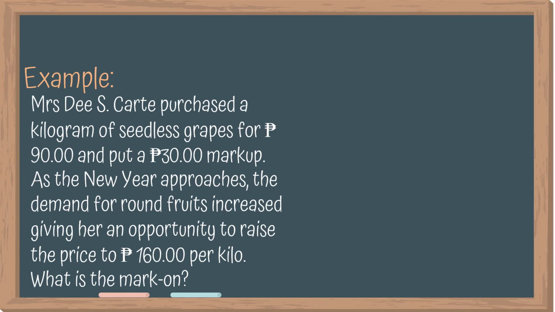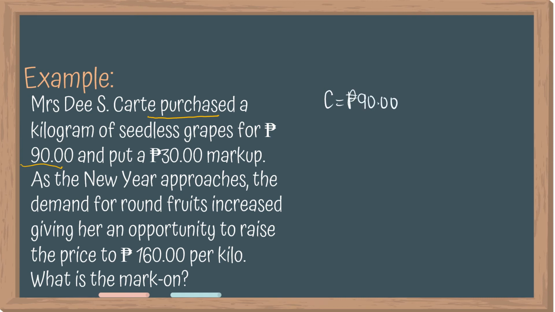So again, to solve for this problem, we're going to first identify the given values as well as what is asked in the problem. So with this, let us check the keyword. For the first one, we have purchase for the amount of 90 pesos. Therefore, we can say that 90 pesos is the cost of our product.